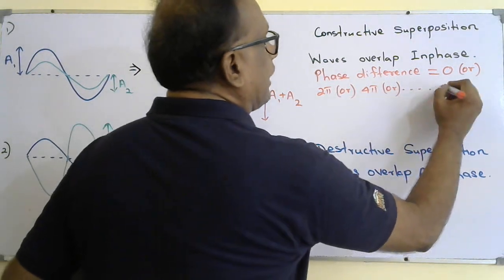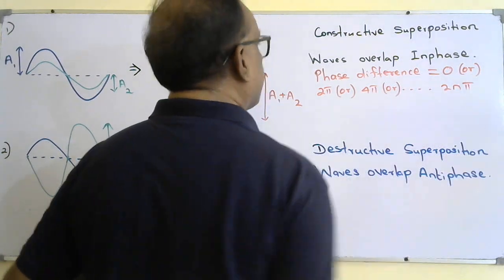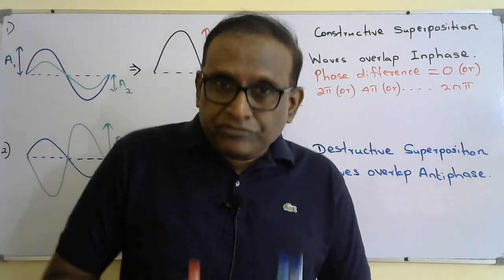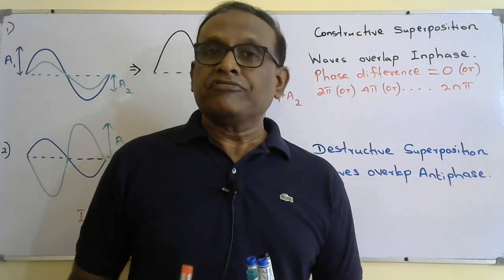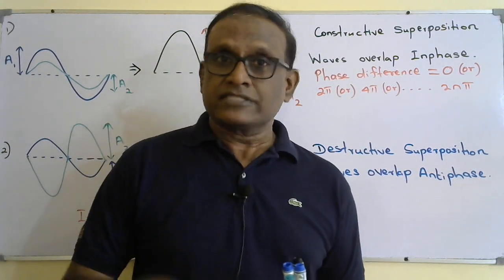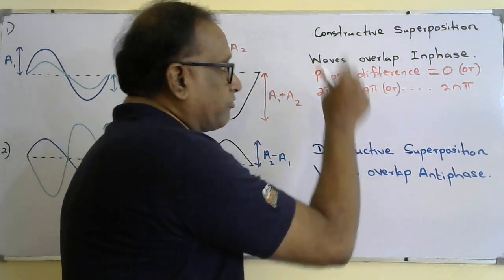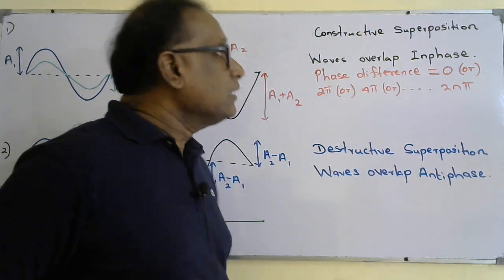That will be an even number of pi. So at a point, if the two waves are overlapping in phase, then the phase difference between the two waves at that point could be either 0 or 2 pi or 4 pi, 6 pi and so on, an even number of pi.